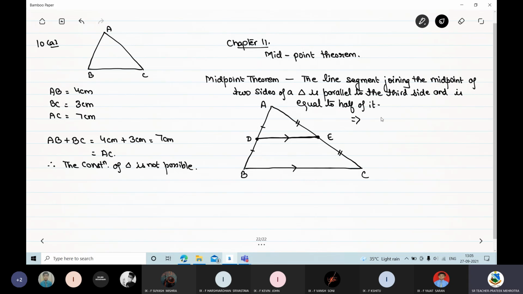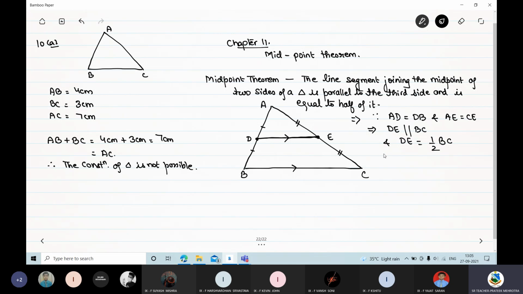This implies here that since AD is equal to DB and AE is equal to CE, this would tell me that DE must be parallel to BC and DE should be half of BC. This is the midpoint theorem.